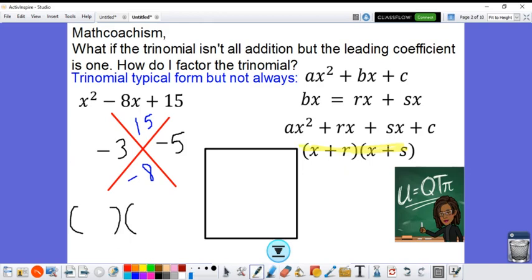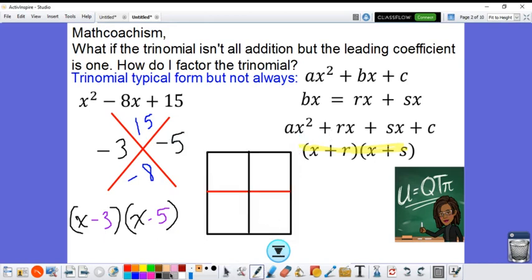So you write your two parentheses, you have your x in the beginning, and then this time both of our factors are negative, so we will have subtraction in both parentheses. And then we'll have a 3 and a 5. So let's see if we're correct. Let's check it.